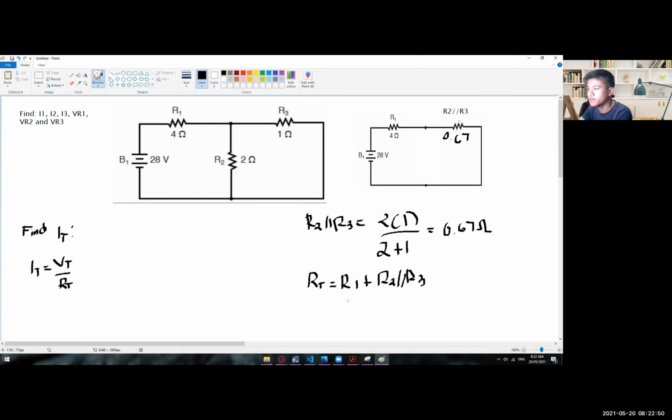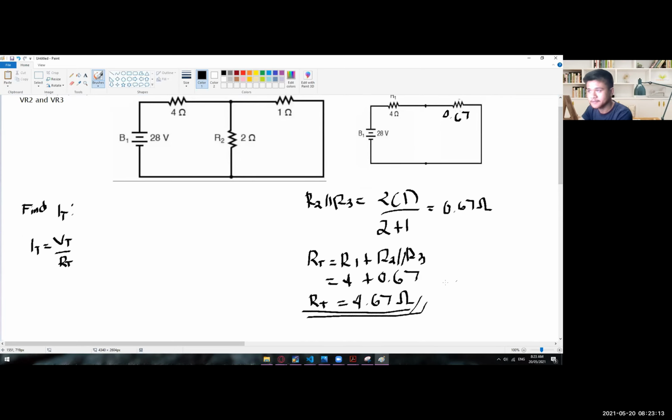In here, R1 is 4 ohms, and the value of R2 and R3 is 0.67. So for our RT, we have 4.67 ohms. Were you able to follow up to this point? And how did we get 4.67?